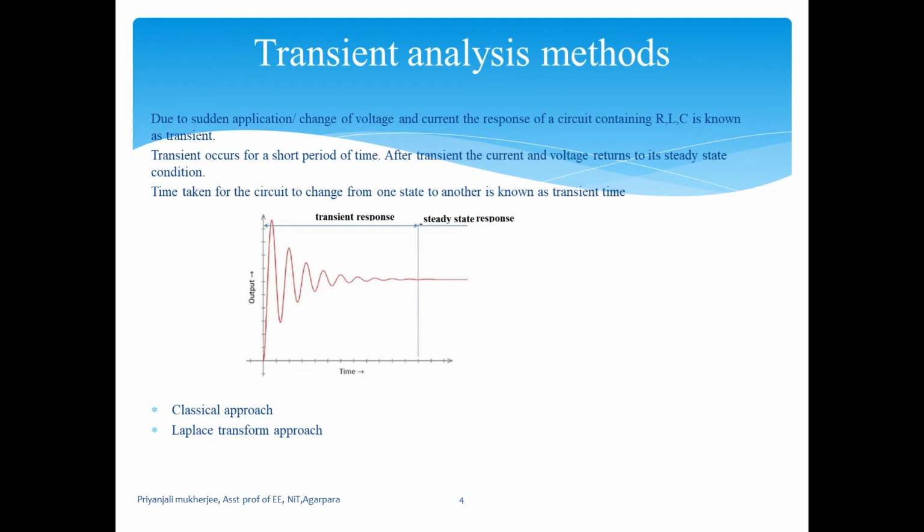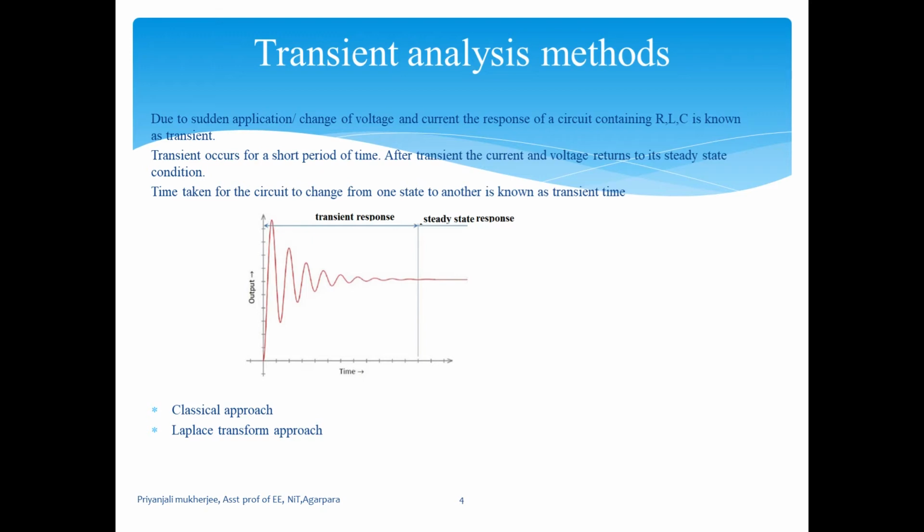So, a circuit having the constant source, and if the current and voltage do not change with time, then the circuit is in the steady state. And if due to change in the excitation the current or voltage changes from one state to another state, then the circuit is known as in the transient state.